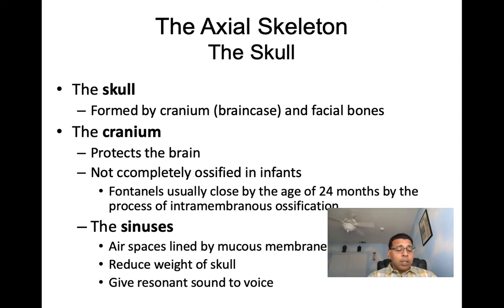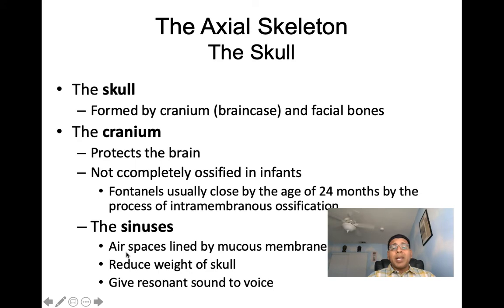These fontanelles are going to allow the cranium to be compressed during birth, and also they'll allow for brain growth to occur. These fontanelles usually close by the age of 24 months, and they'll close by the process of intramembranous ossification.